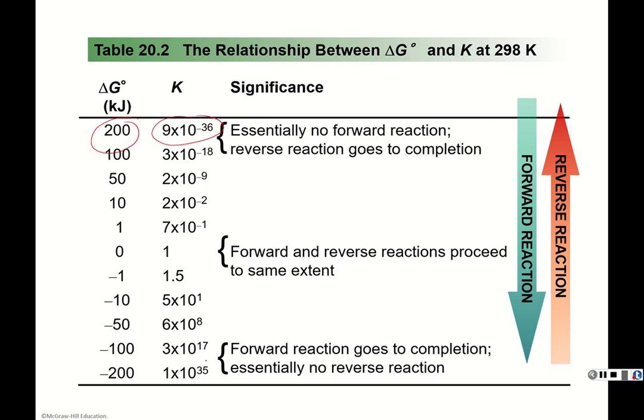When K is very large, delta G naught's going to be very negative, which means the reaction would go towards the forward reaction, the right side. And when delta G naught is a very positive number or K is very small, that's essentially a case where you don't have any forward reaction. Everything goes to the left, or the reverse reaction.